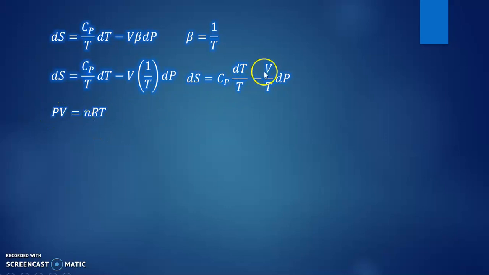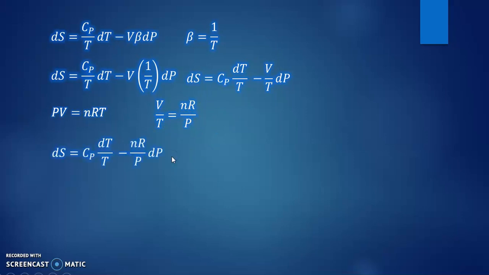Let's obtain V over T from this equation. For example, T that is multiplying passes to the other side dividing, and P that is multiplying on this side passes dividing to the other side. And we have this other expression. So we can replace this expression over here.